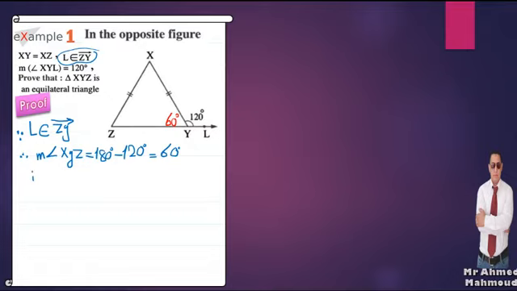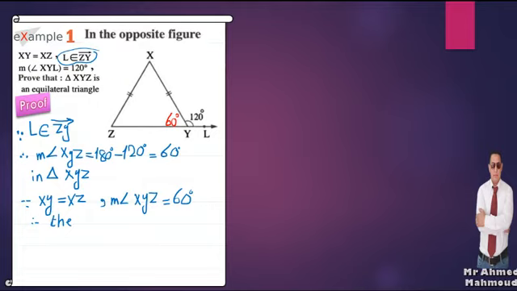Then in triangle XYZ, since XY equals XZ and the measure of angle XYZ equals 60, therefore the triangle is an equilateral triangle.